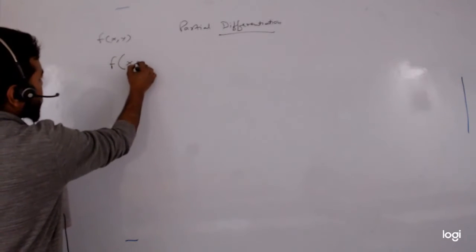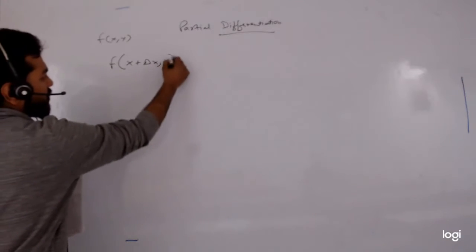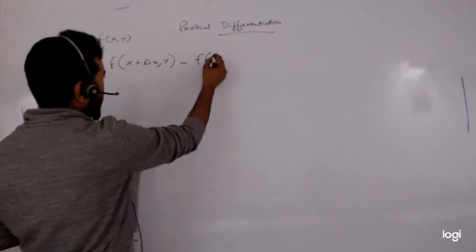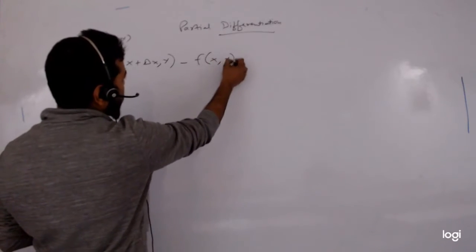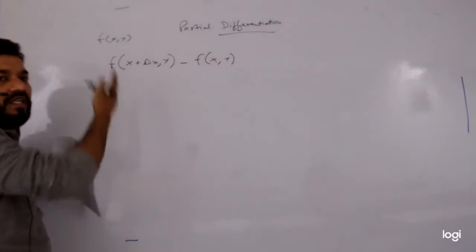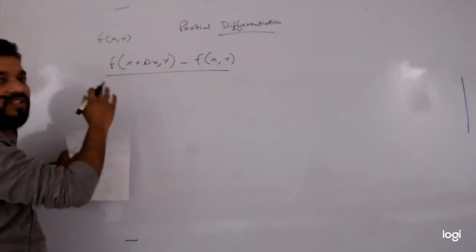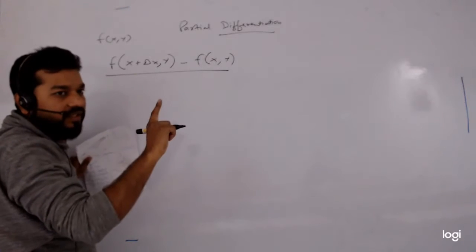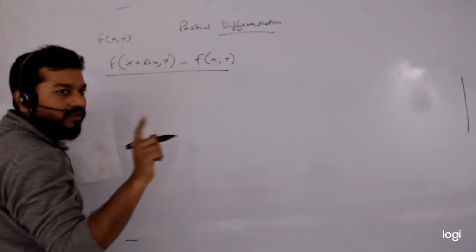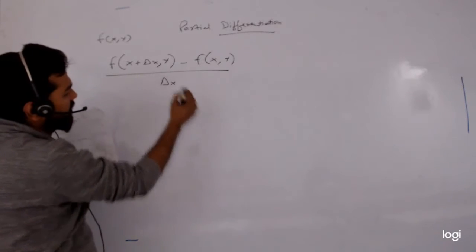If we change x by a very small amount but keep y constant, then the change in the functional value would be this. This would be the rise. We're taking the partial derivative, so the run is in one direction: increasing x, y remains as such, so you only have delta x.